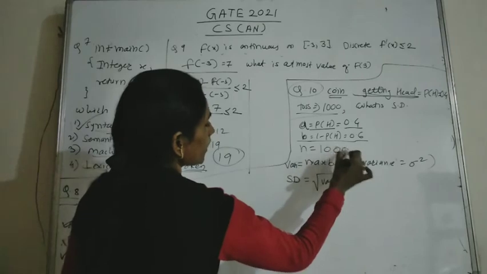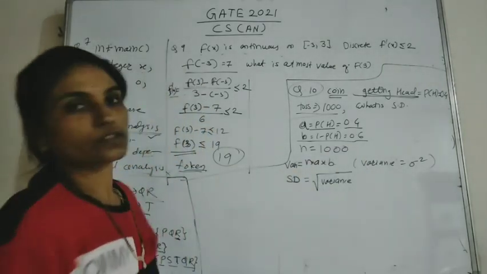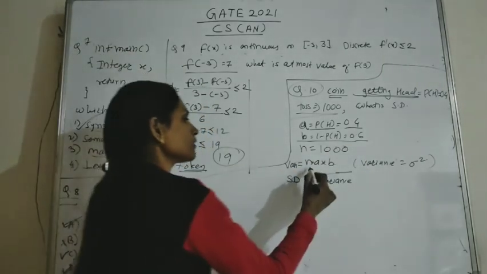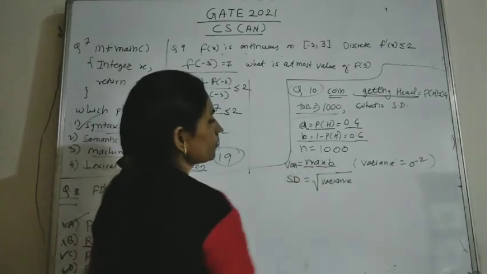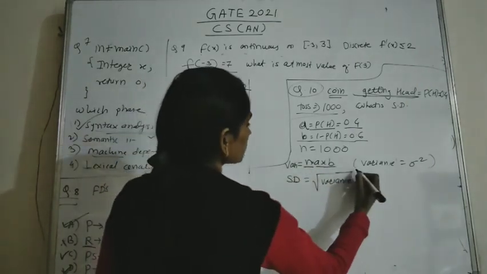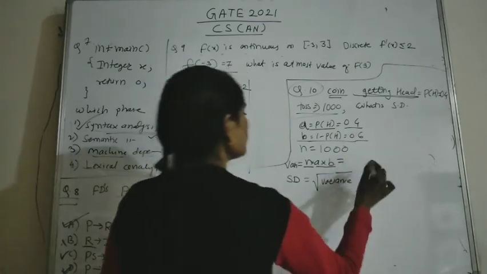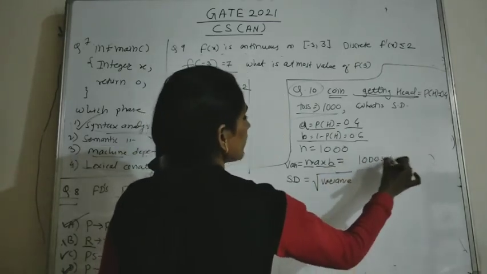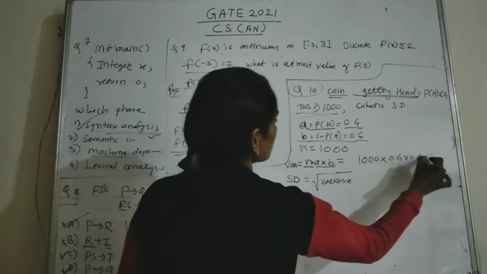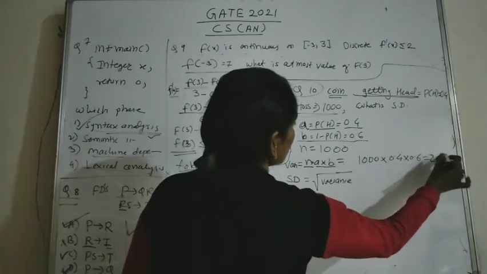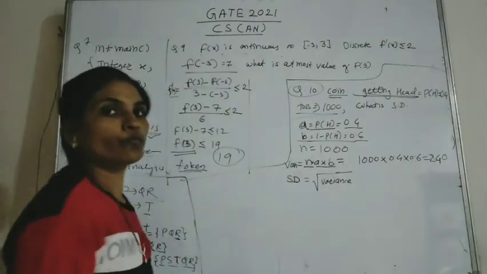The number of times the coin is tossed is 1000. So the variance is equal to n into p into q. So when we put the values in this, we are getting 1000 into 0.4 into 0.6, which is 240.